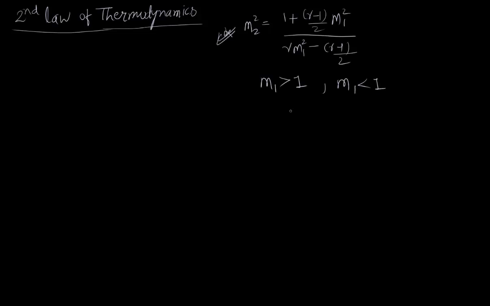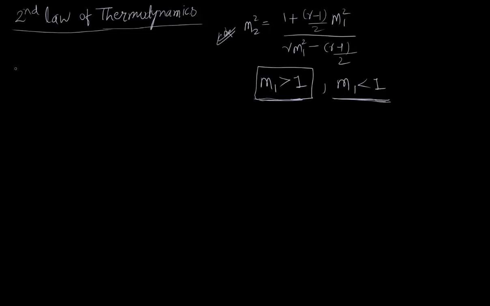Now, from the second law of thermodynamics, we will prove that it holds physical meaning only if M1 is greater than 1, and it will not have any meaning for M1 less than 1. So, what is the second law of thermodynamics?